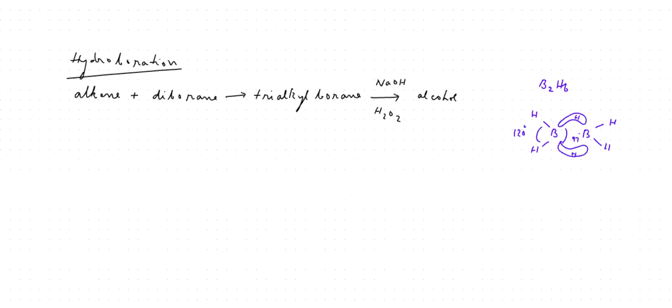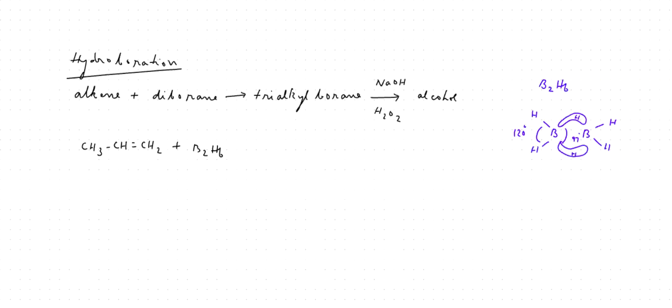Now look here. I take CH3 CH double bond CH2, an alkene. When this alkene is reacting with B2H6, the reaction is quite interesting.